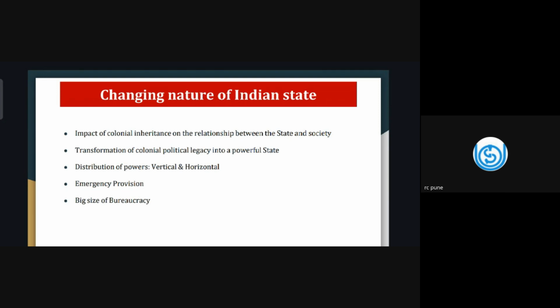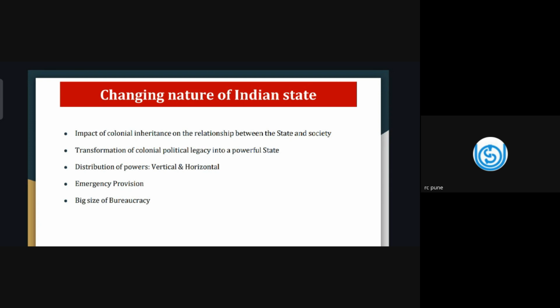Either the state can make law or the center can make law. And if there is a clash between center and state, the law made by the center or the union shall prevail. So again, you can see that the central government has got an upper edge in this sense.